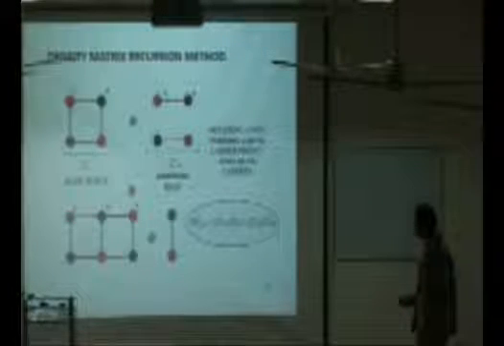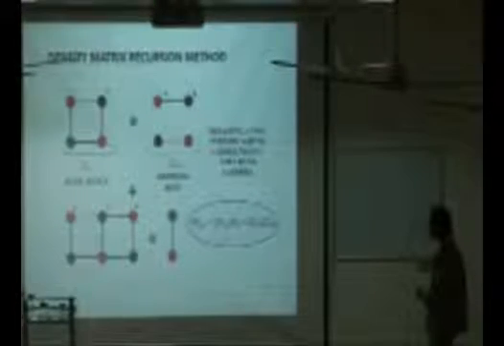I am calling these the legs and these the rungs of the ladder. So a 4-rung 2-leg ladder can be written by using a 3-rung ladder and a 2-rung ladder. And you can generalize it.